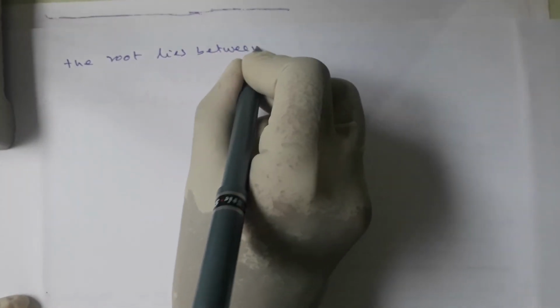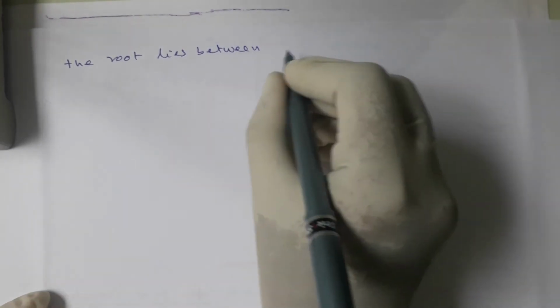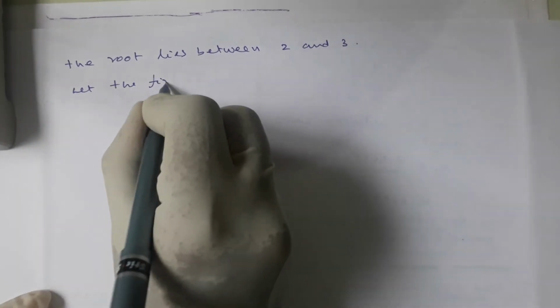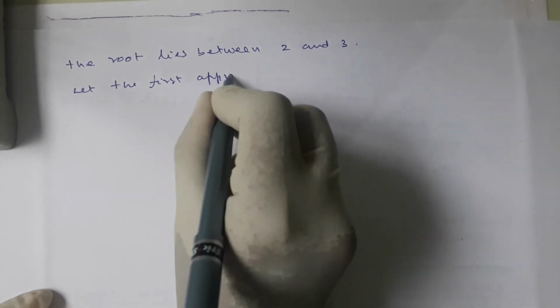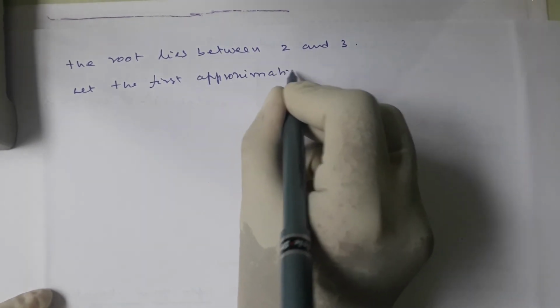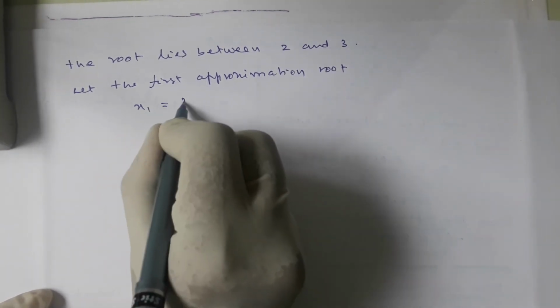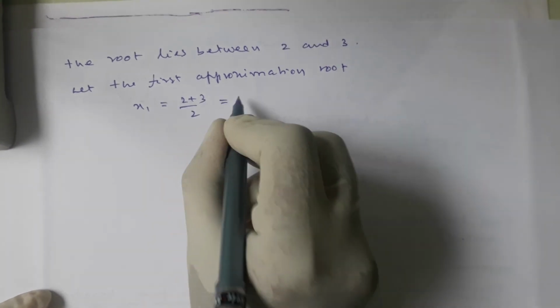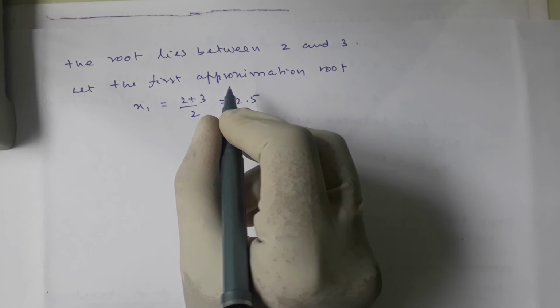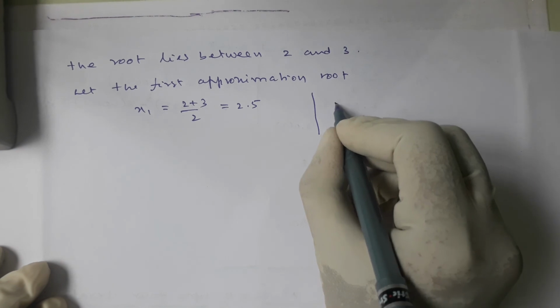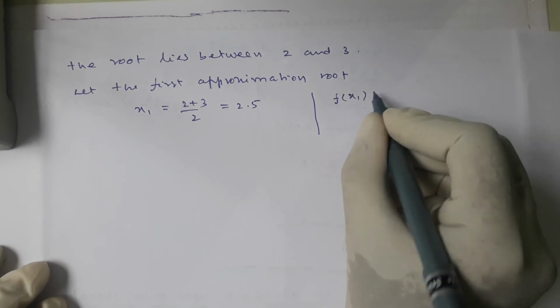Let the first approximation root x1 is equal to 2 plus 3 by 2 is equal to 2.5. So f of x1 is equal to f of 2.5.